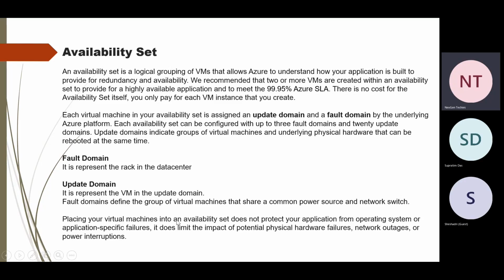Placing your virtual machine into the availability set doesn't protect your application from operating system or application specific failures. It doesn't limit the impact of potential physical hardware failures, network outages, or power interruptions. So basically, the availability set doesn't protect your applications, your operating system or your database.